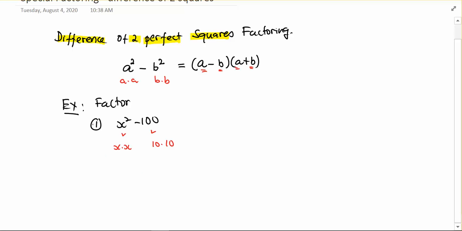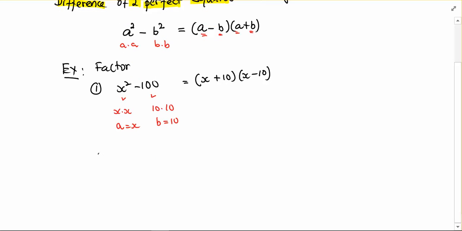In this example, my a would be x and b would be 10. So this would factor as (x plus 10)(x minus 10), and that's the end of it. Or you could have factored it as (x minus 10)(x plus 10). That makes no difference.